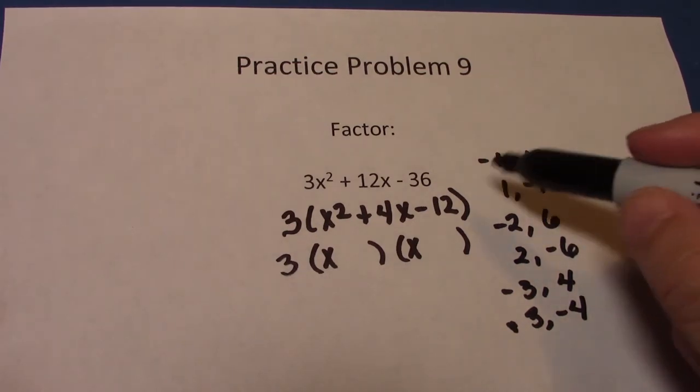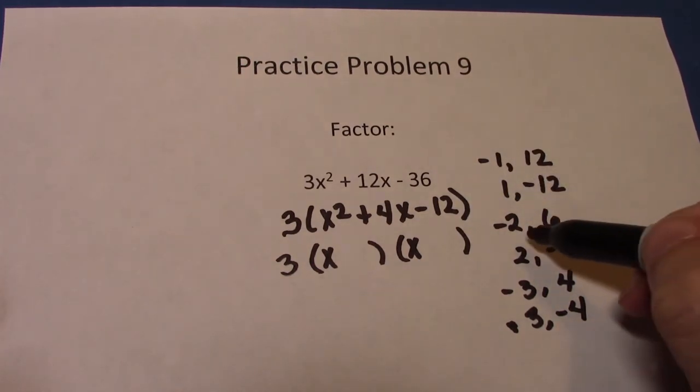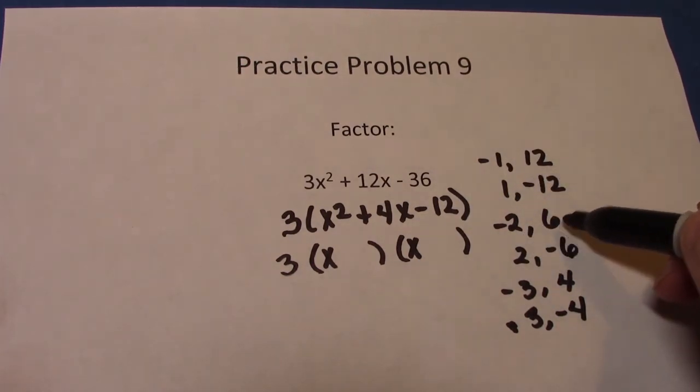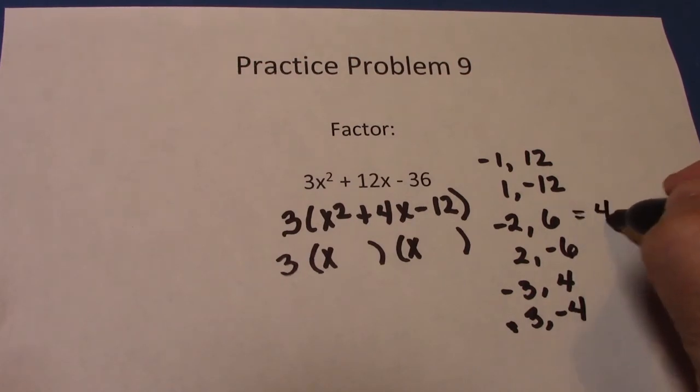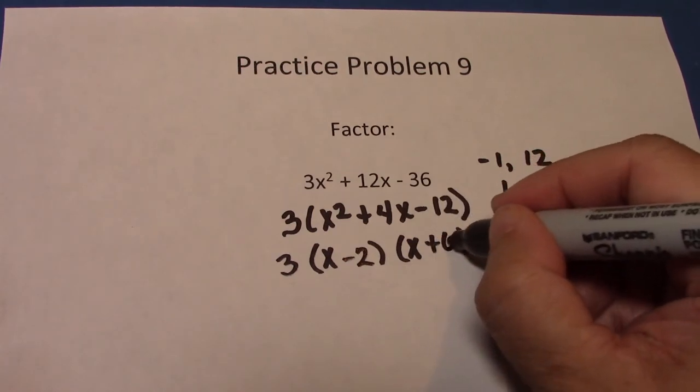Which of these adds together to give us positive 4? That doesn't look like it's going to. Negative 2 plus 6, however, equals 4. So, negative 2, positive 6.